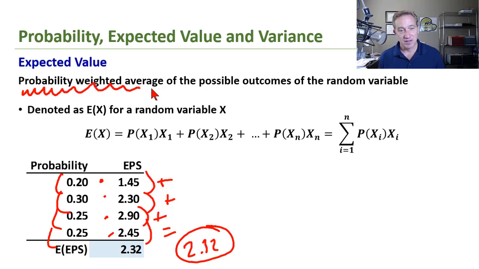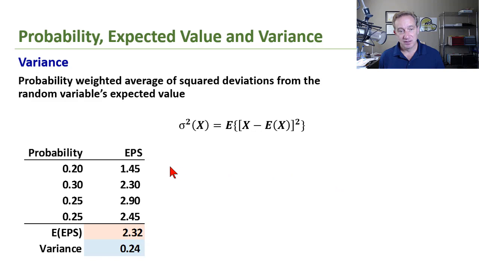So you will notice that expected value means, for us, probability weighted average. Then the variance here is the probability weighted average of squared deviations from the random variable's expected value. So how are we calculating that?